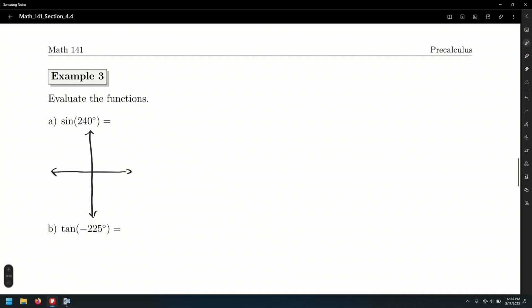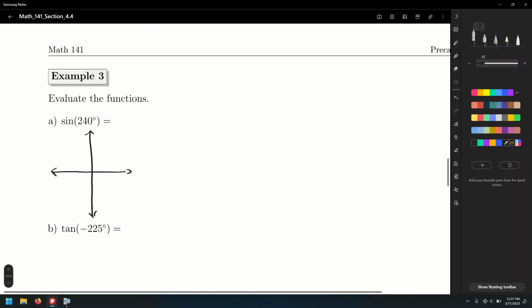In fact, 240 degrees is 180 plus what? Plus 60 degrees, I believe. Okay, so it's going to go like this: 180 degrees, 60 degrees, so that's going to be our 240 degrees.